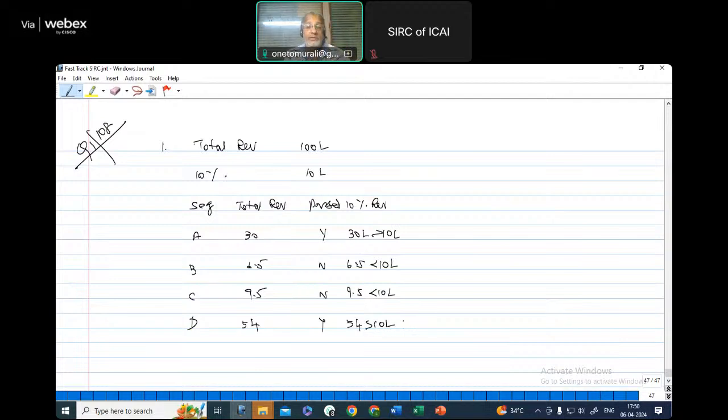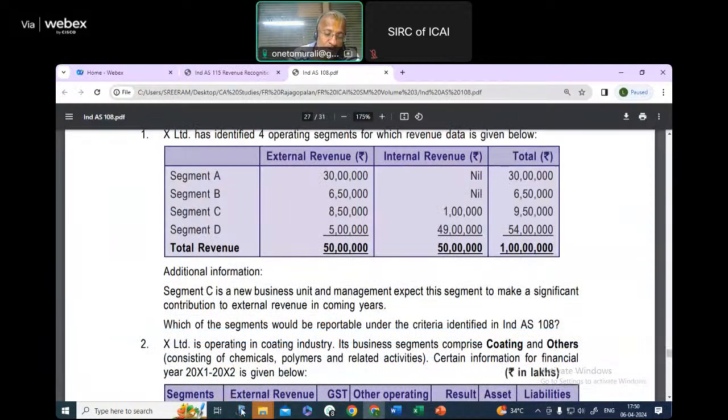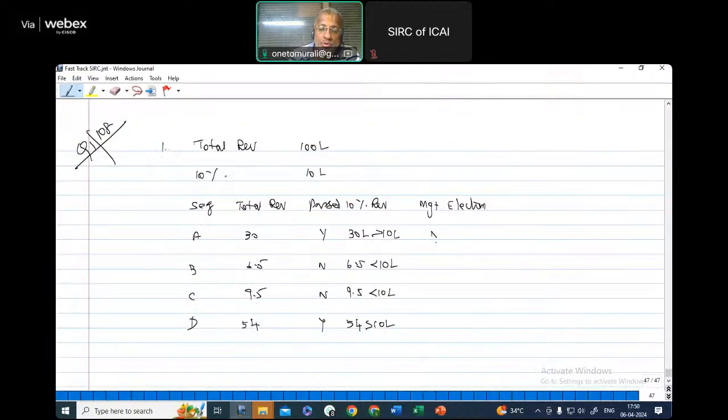Next, management election. So they've said that C is going to contribute. No, no, yes, no. So reportable segments: yes, on own merit.